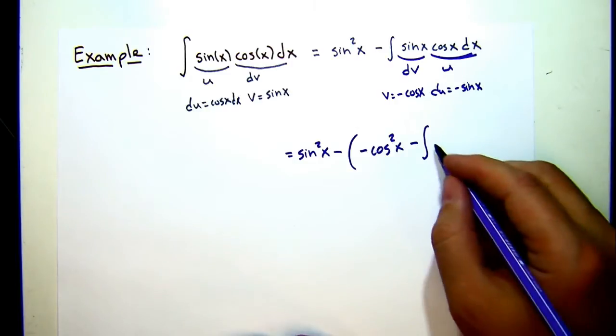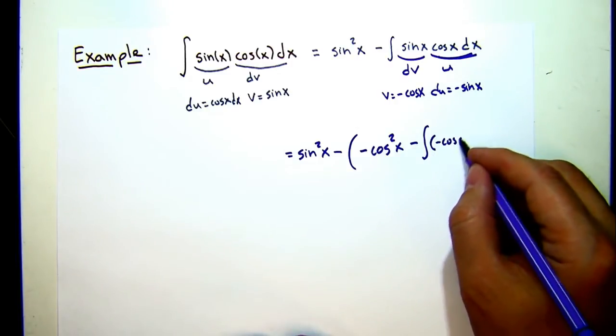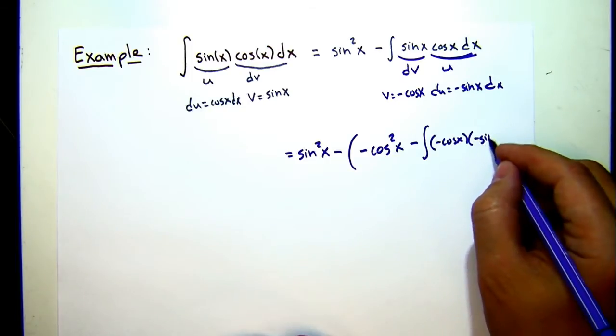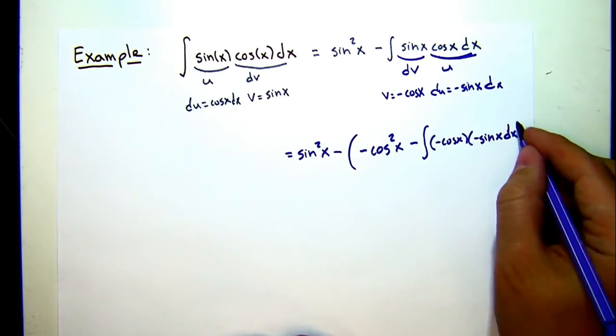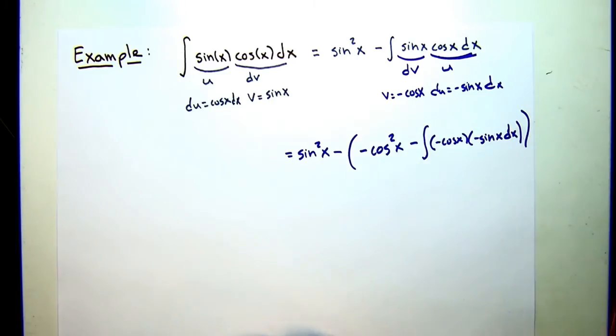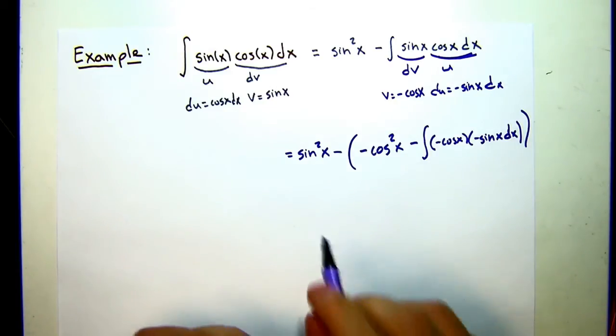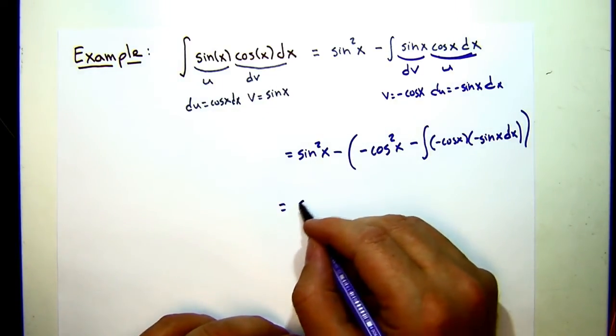And then minus the integral of v du. So minus cosine x, oops, I forgot my dx here, minus sine x dx.